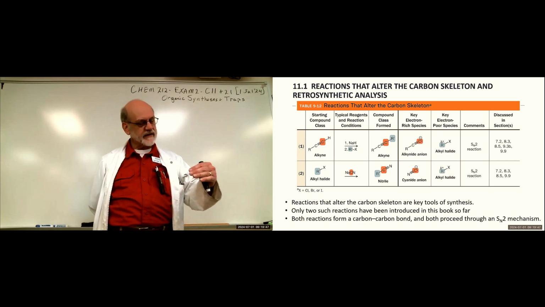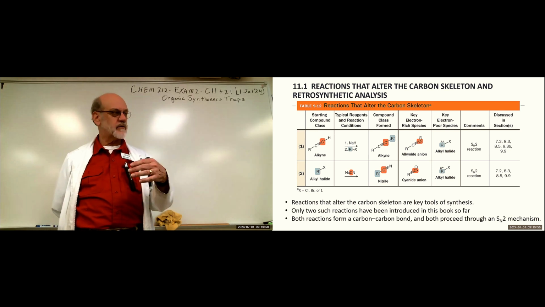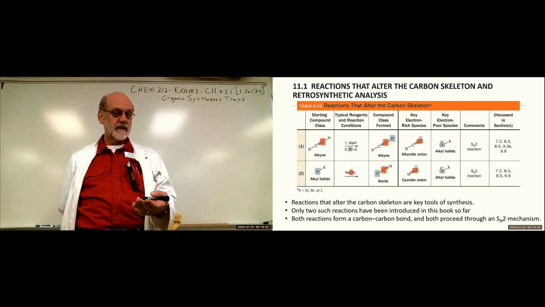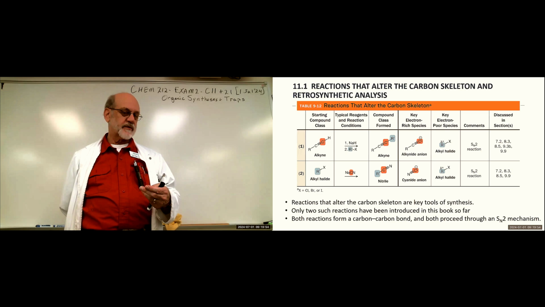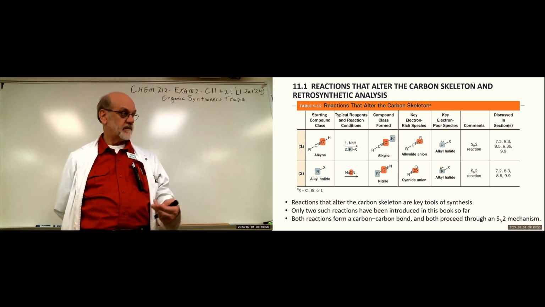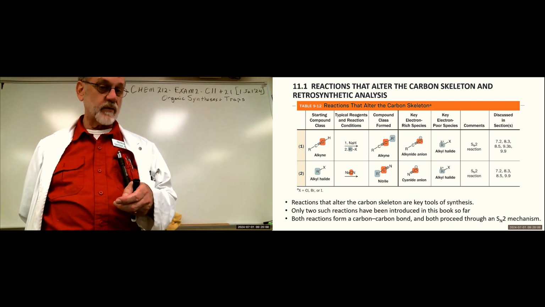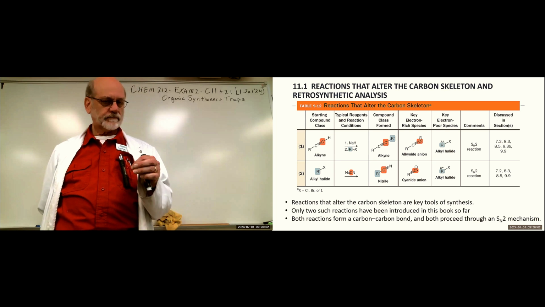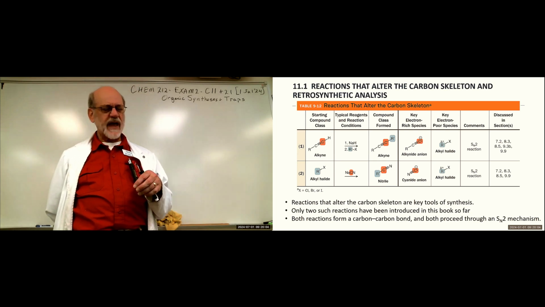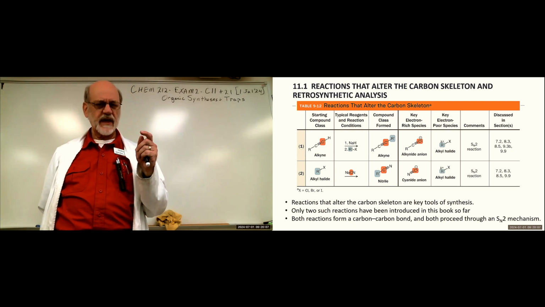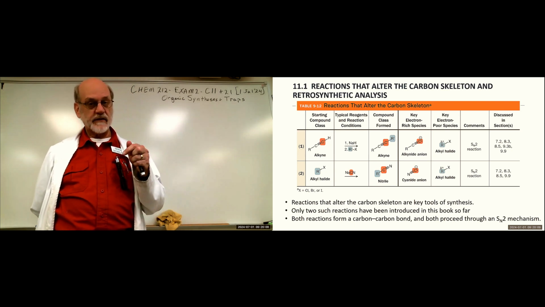But since we're writing it in synthetic form, sodium hydride would be the compound that you add. But for mechanistic purposes, H minus would be the active group. And for the second one, you've got a strong cyanide anion that is the reactive group.